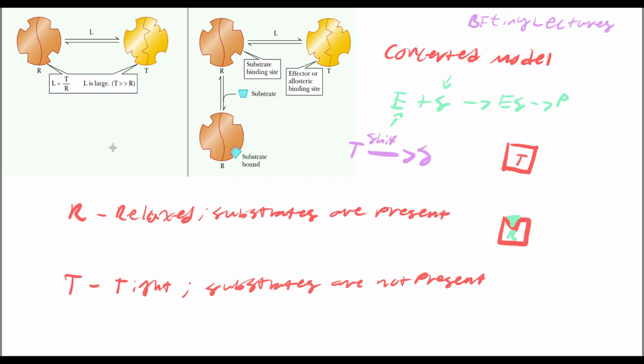That was kind of weird, but let's go T to R, and this is an R shift. So in the system, all the T enzymes shift into gear, and they become the R enzymes whenever you add substrates, okay? So that's what makes it concerted. Concerted just means that it happens at once, at the same time.